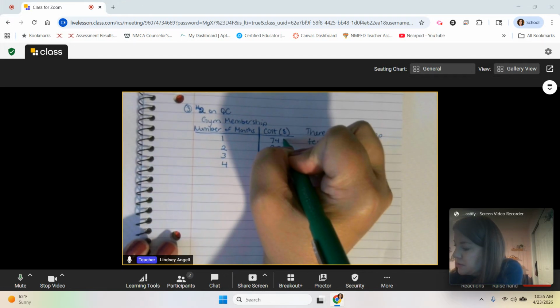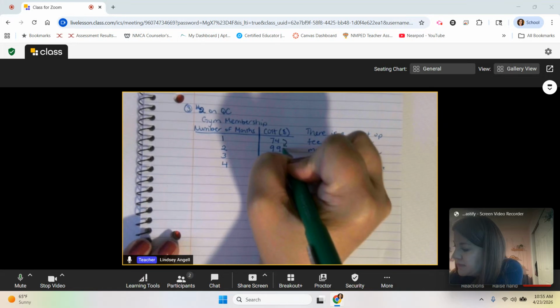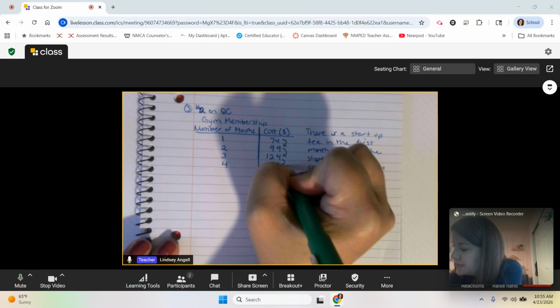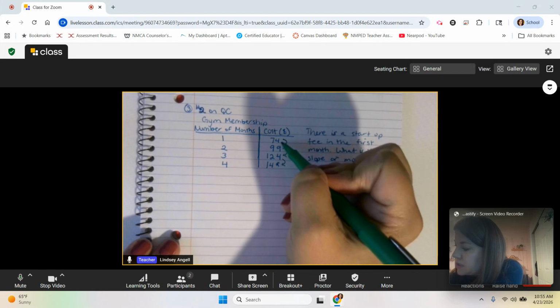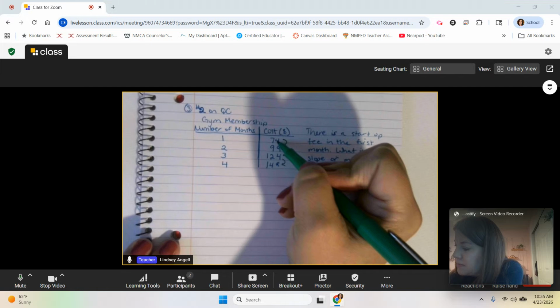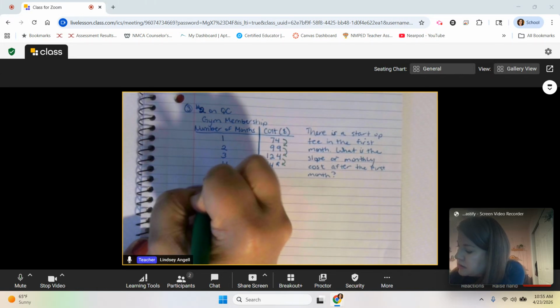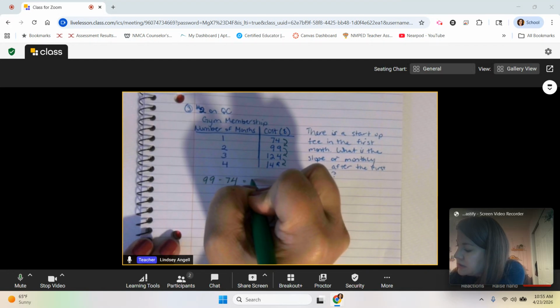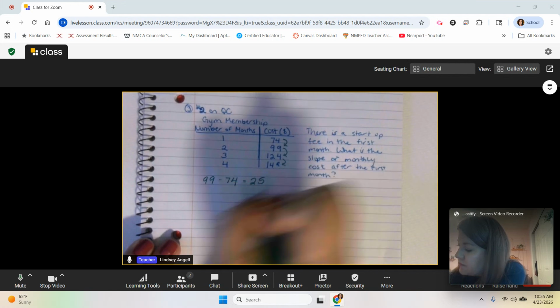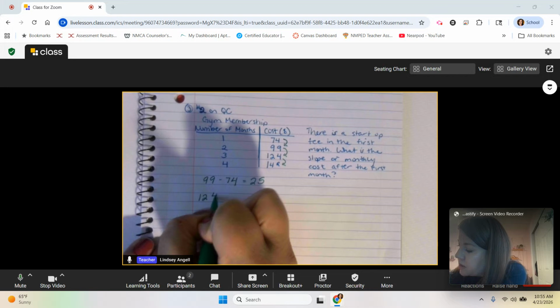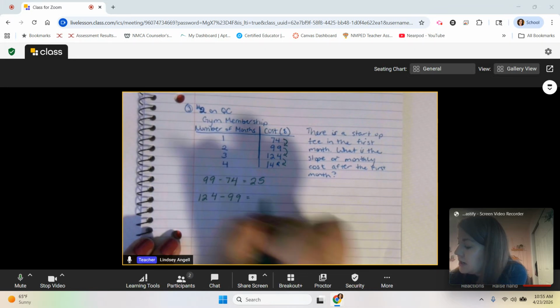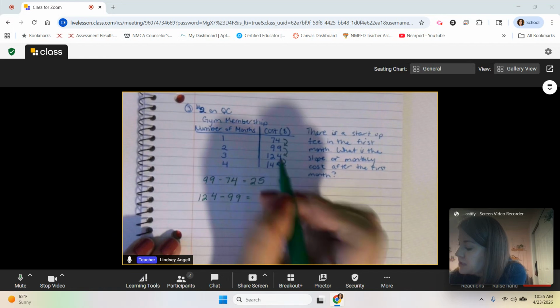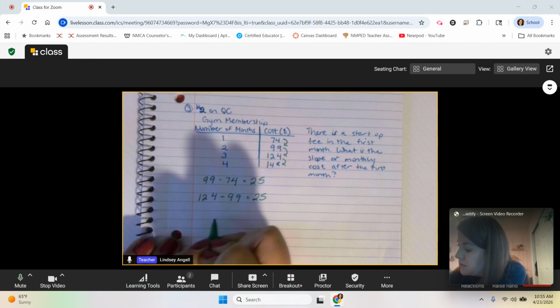Really what we're doing is we're finding the difference between these values and are they consistent, okay? So 99 minus 74 gives us 25. If we test the next one, 124 minus 99, right, the difference from one month to the next, is also 25.